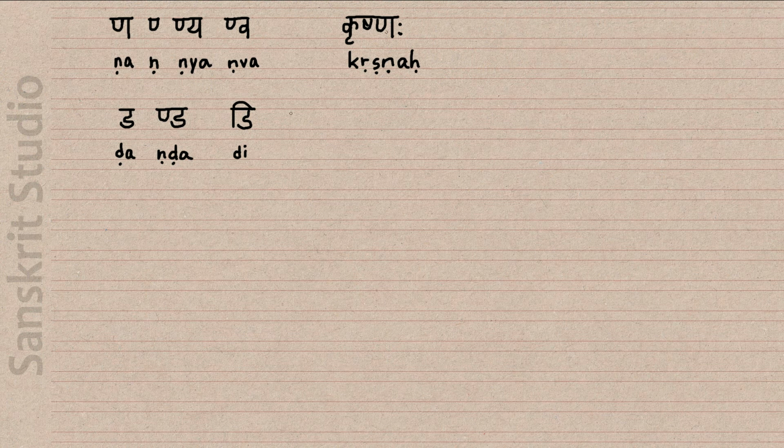So we have to start with the E sound first, and then we do the N sound, and then we do the D, and then we do the connecting stroke there back to the D. So this is N, D, I.